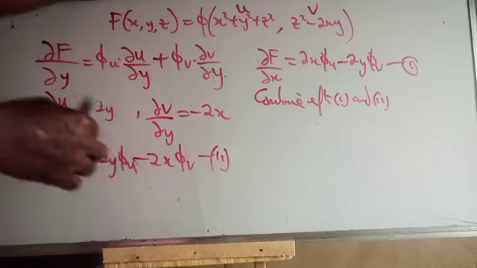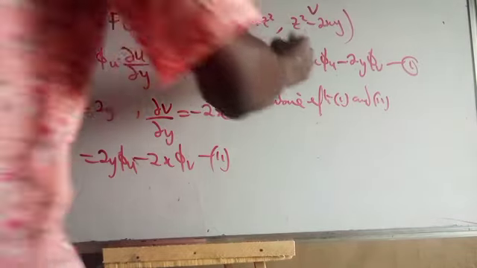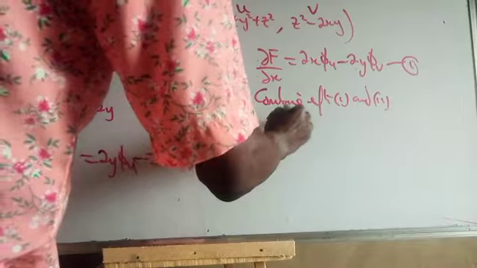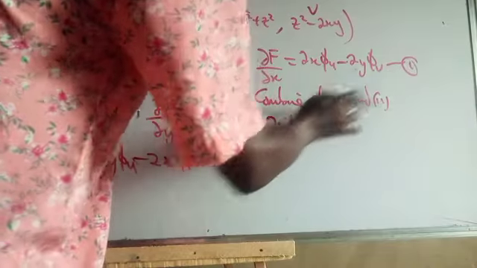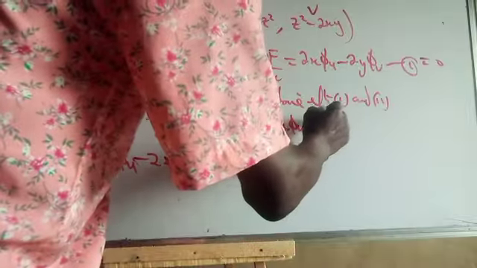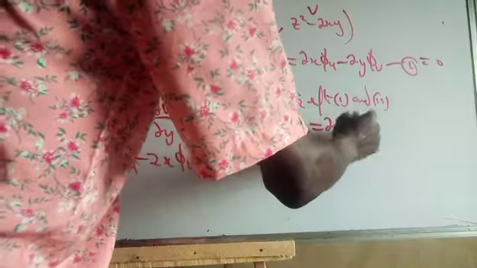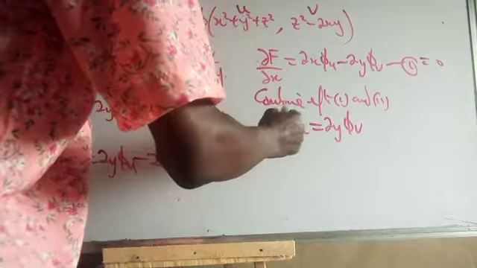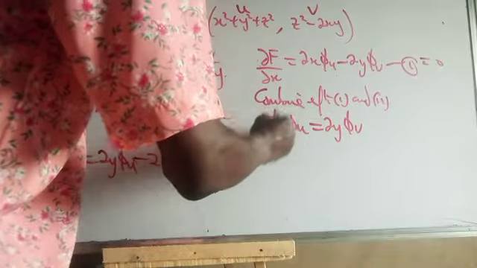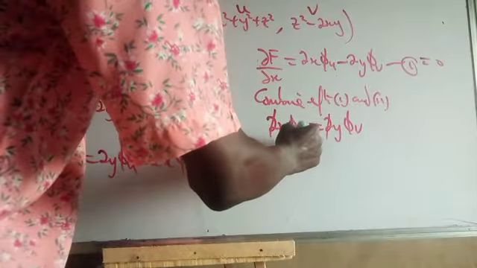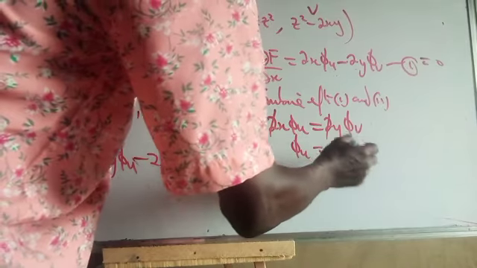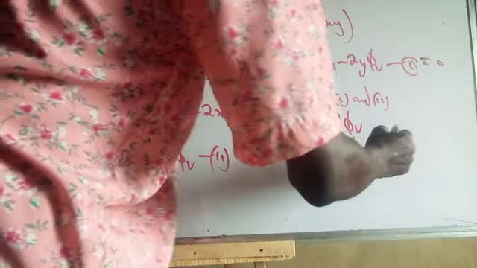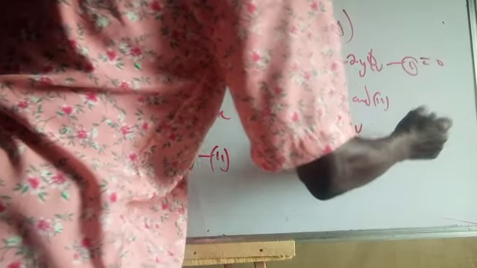When you combine them, you have 2x phi u is equal to, of course, if you are equating everything to 0, 2y phi v. That implies that from here we cancel 2, so we have phi u is equal to y over x times phi v. Let's call this one equation 3.